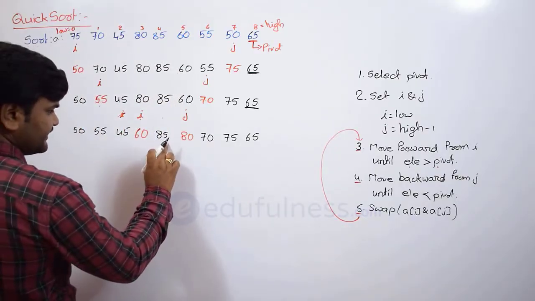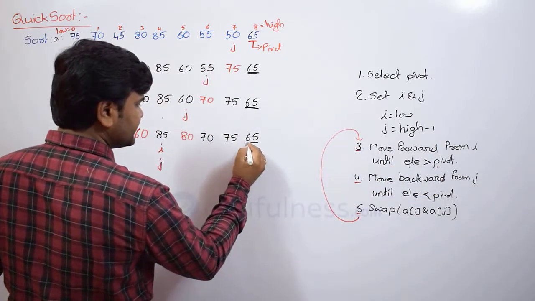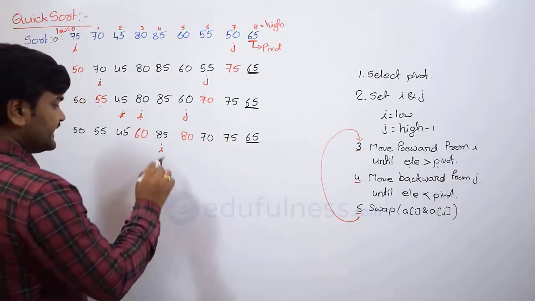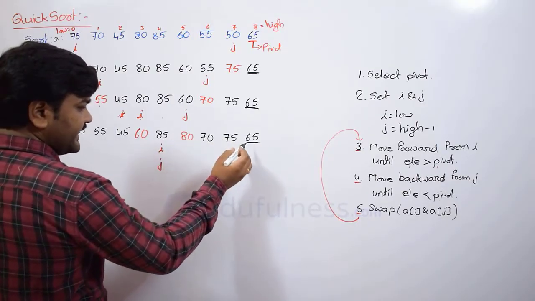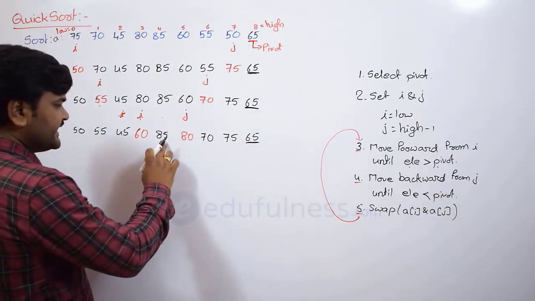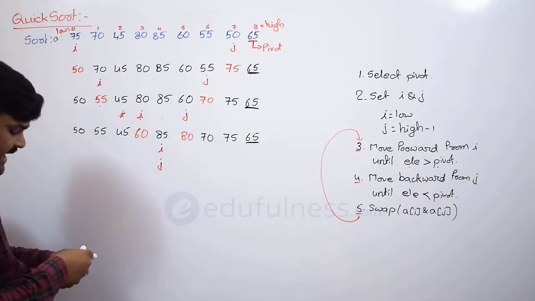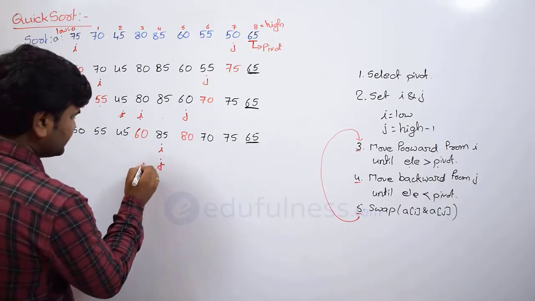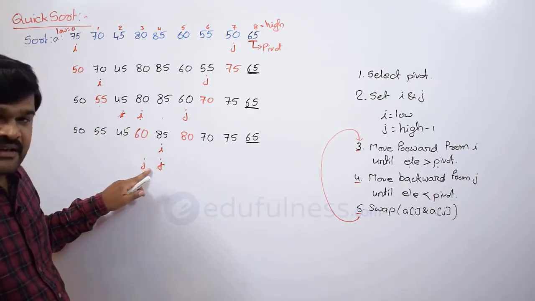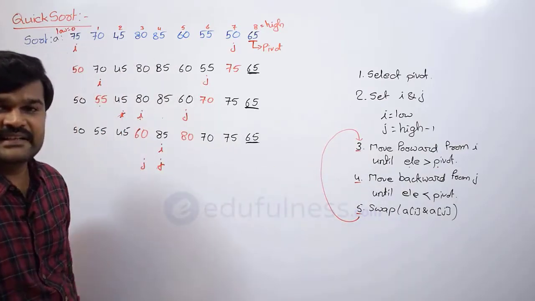The 85 element is greater than the pivot, 65. Because the condition is true, go to the fourth step. 85 is not less than the pivot, so 85 less than 65 is false. So j is moving backward one step. This is the condition where you have to stop doing these three steps iteratively.